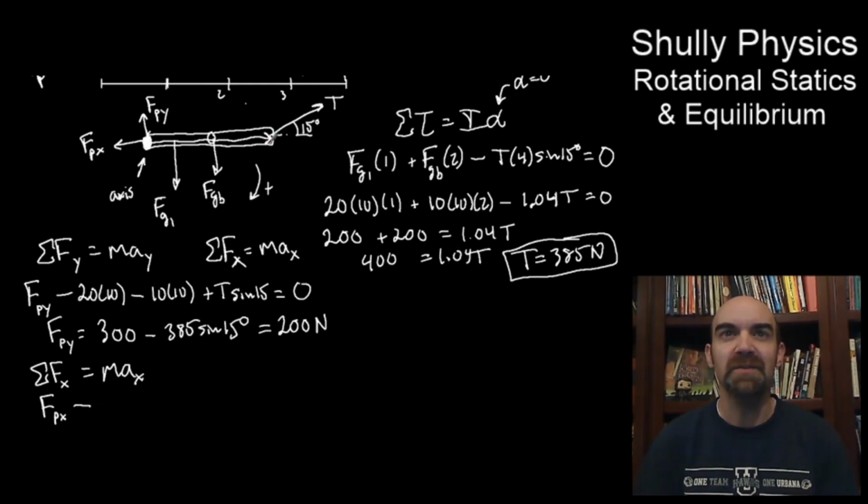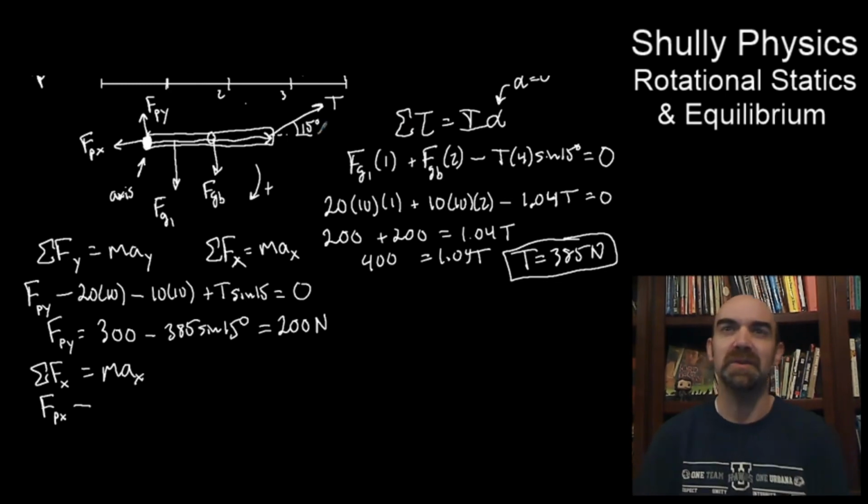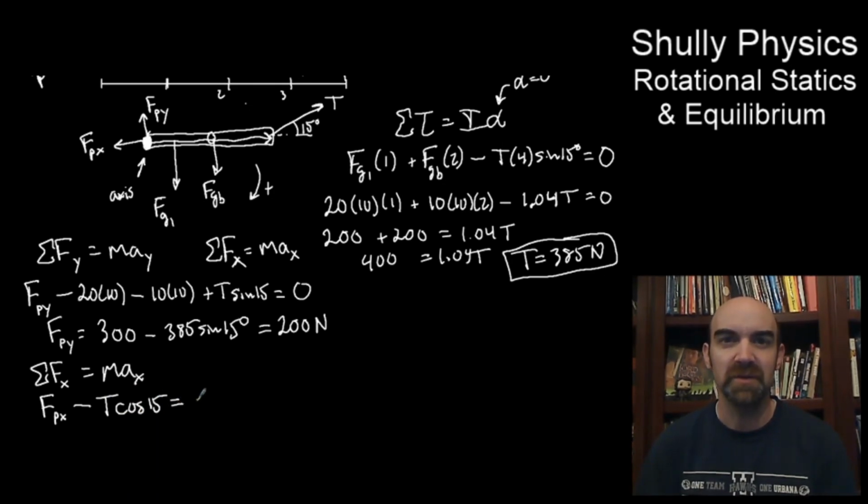Now we have the x component. The y component of the pivot force doesn't have an x component. These weights don't have x components. Only this cosine 15 component, the cosine component of the tension over here, has an x component. So if left is positive, then that makes this negative T cosine 15. And we've got translational equilibrium, so the acceleration is 0.